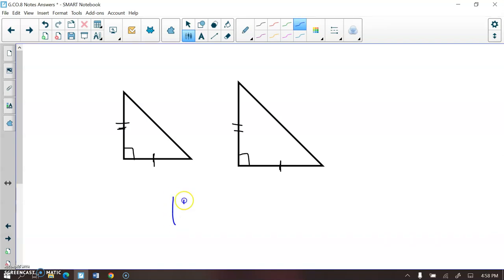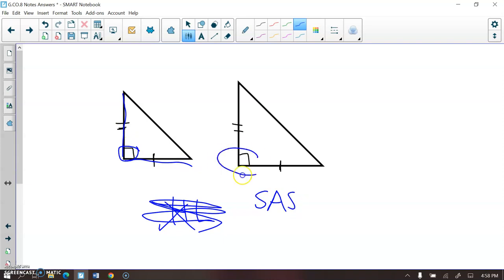So it wouldn't make sense to use HL because I don't have a pair of hypotenuses congruent. Instead, I have two pairs of legs congruent. So in this situation, I would use SAS, because by the right angle congruence theorem, these two angles would be congruent, and so then we can use SAS to prove these two triangles congruent.